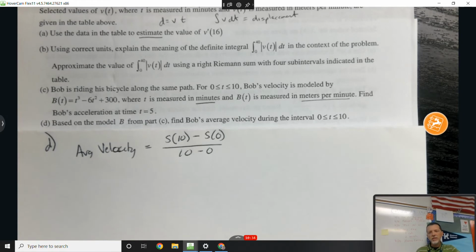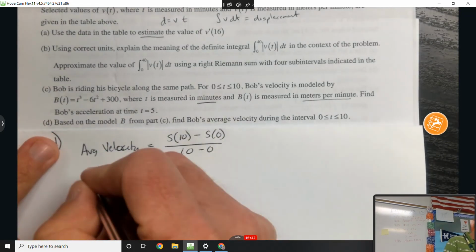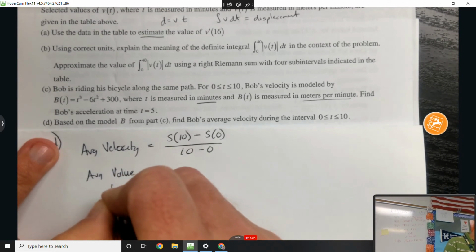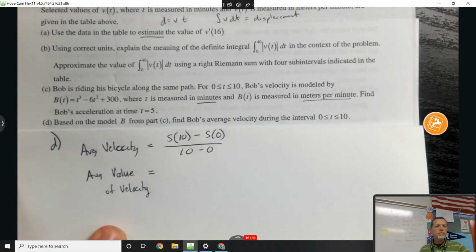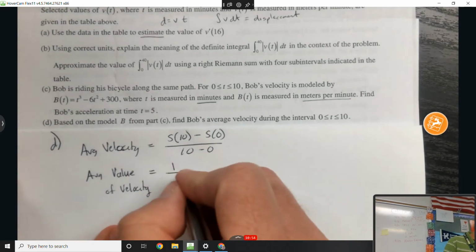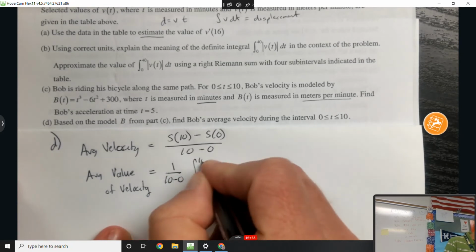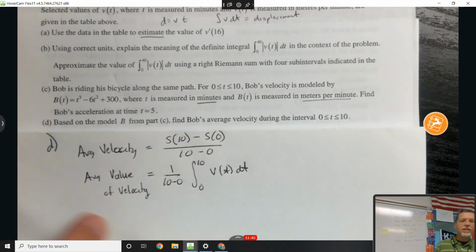The trouble is I don't have an S. Why is this not like the average value? So let's use the average value equation and see what happens. So that would be 1 over 10 minus 0 times the integral from 0 to 10 of v of t dt.